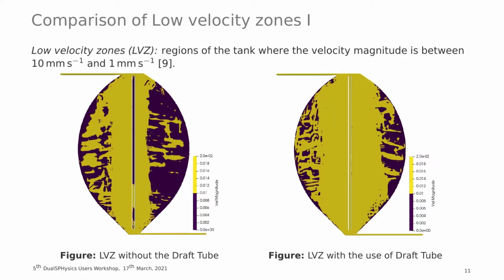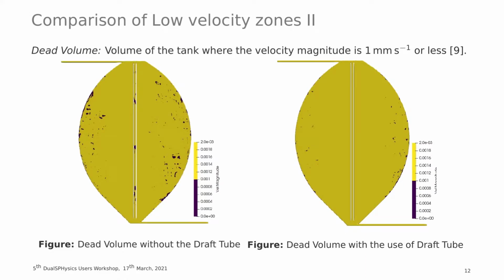The second is dead volume. This is the red region, represented by purple, where the velocity is less than 1 millimeter per second. What it means is that there is no movement, and apart from affecting the methane production, there is a possibility of sludge and sediment formation.